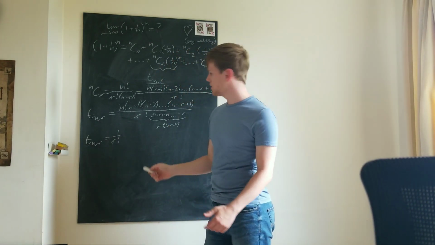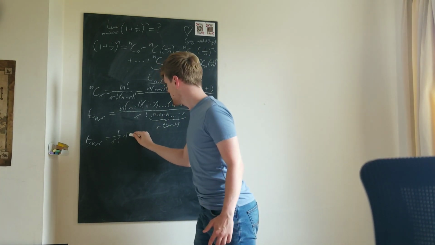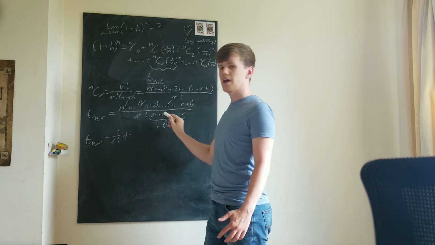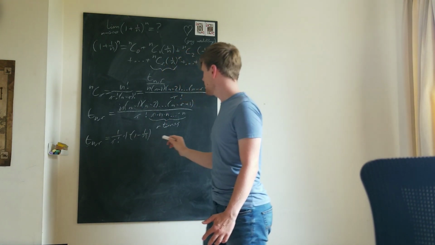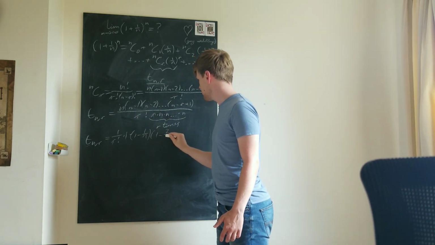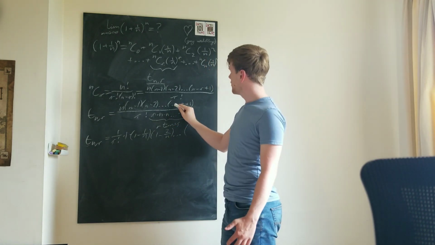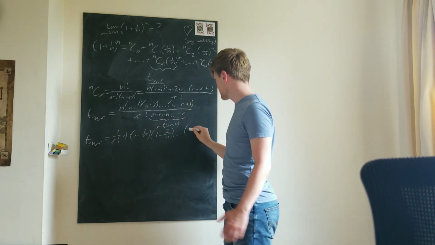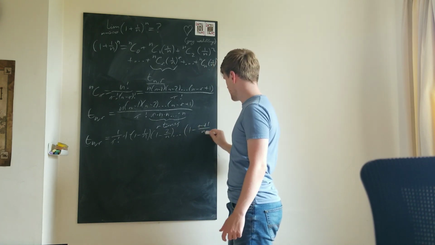So this is 1 over r factorial times n over n is just 1, times n minus 1 over n, that's just 1 minus 1 over n. n minus 2 over n is just 1 minus 2 over n, and so on, up to our last term of n minus r plus 1 divided by n, which is just 1 minus r plus 1 over n.